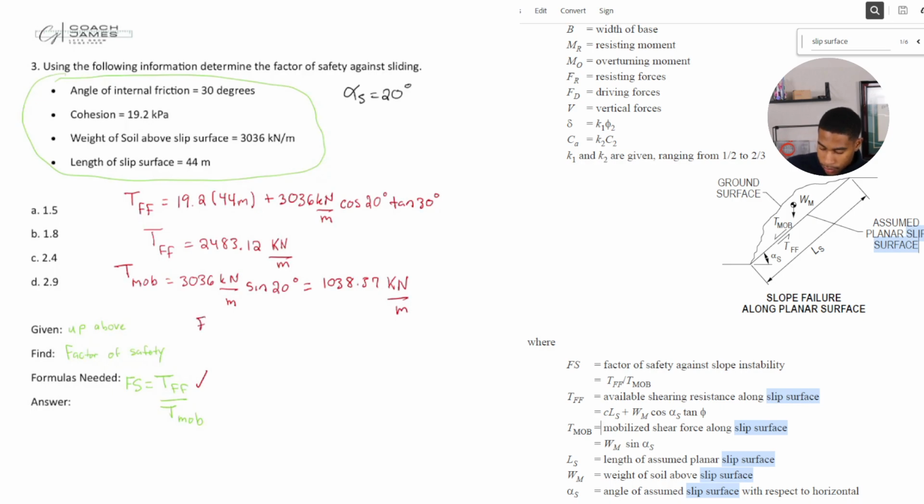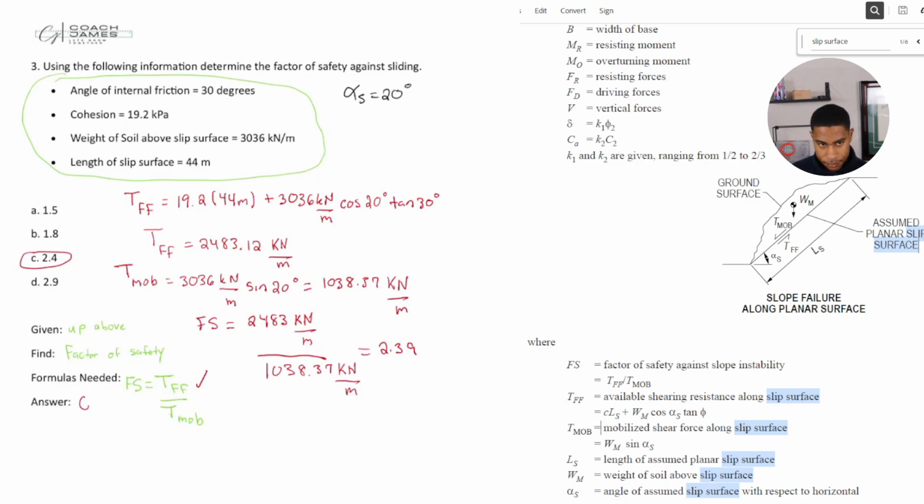All right, so now we know FS, our safety factor, is going to be equal to 2483 kilonewtons per meter over 1038.37 kilonewtons per meter. And this is just roughly going to equal 2.39 or 2.4 for the safety factor.